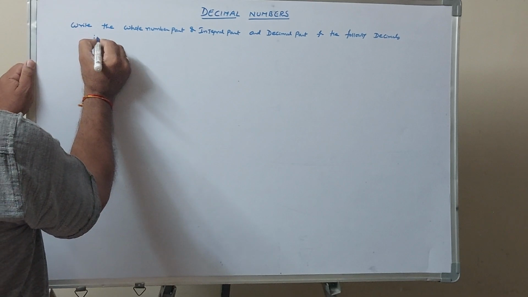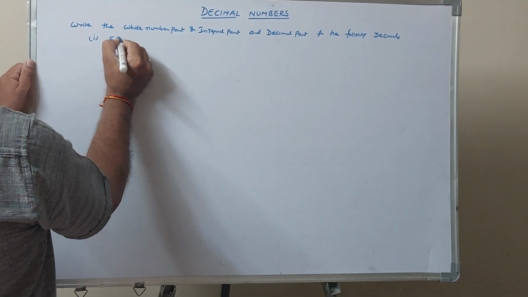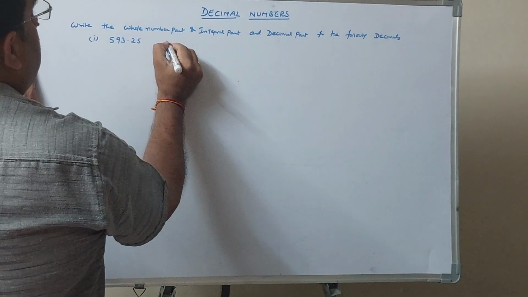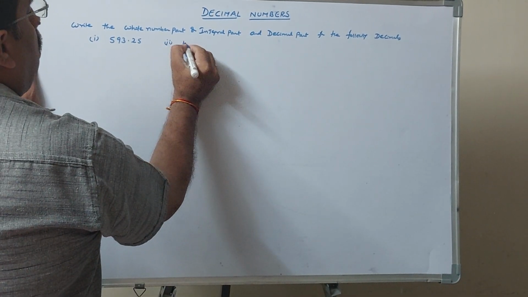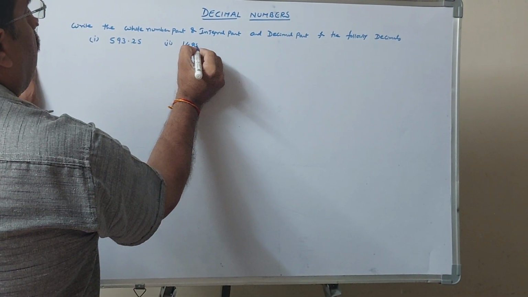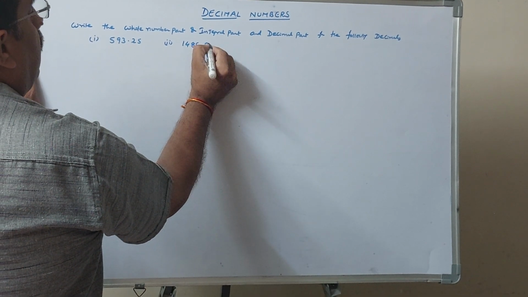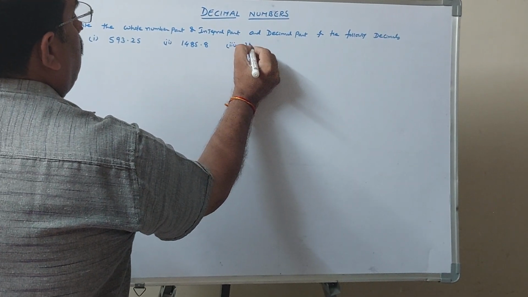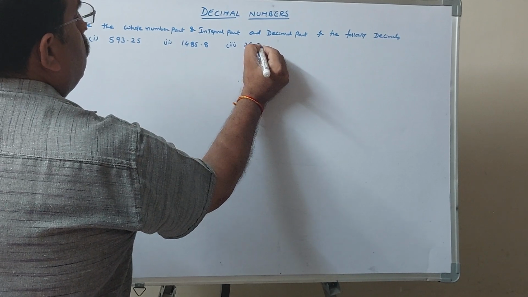First one is 593.25. Second one is 1485.8. Third one is 25.05.